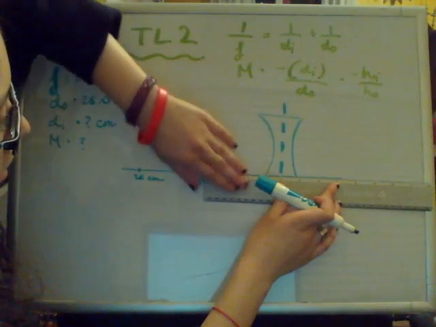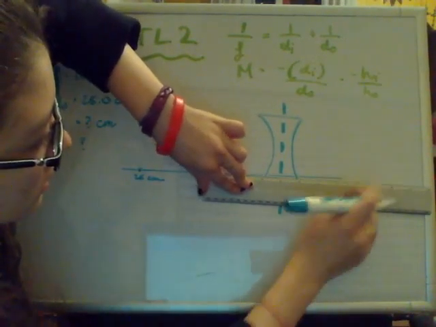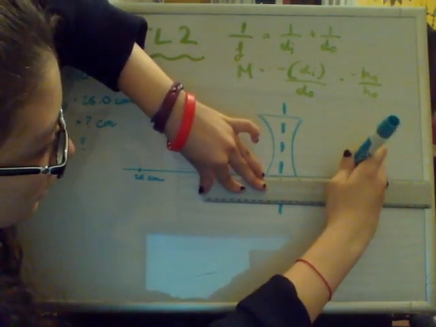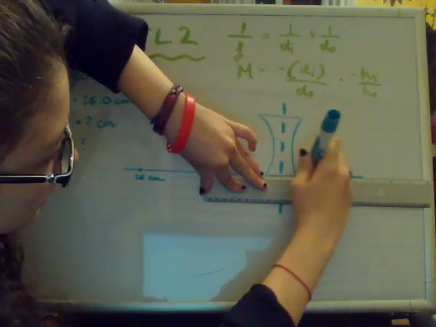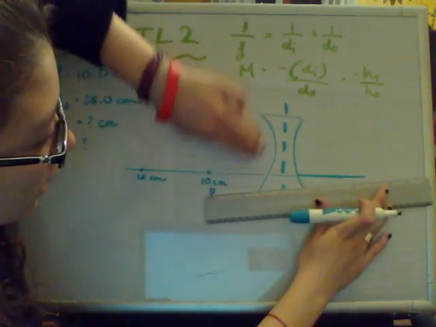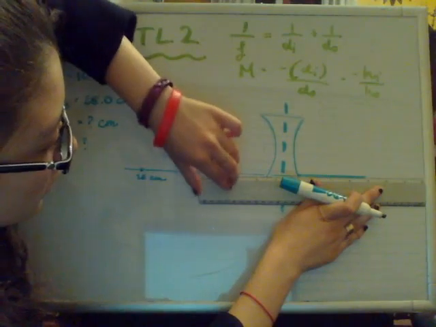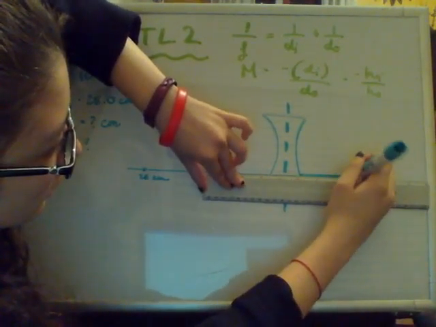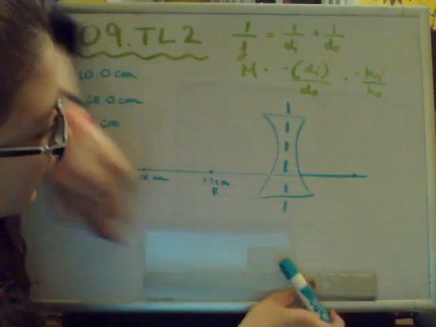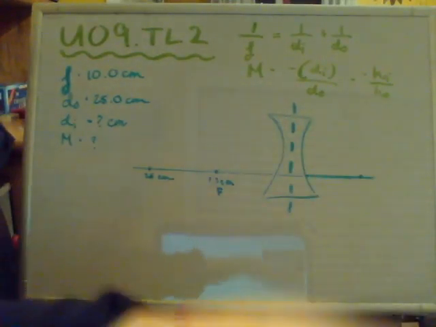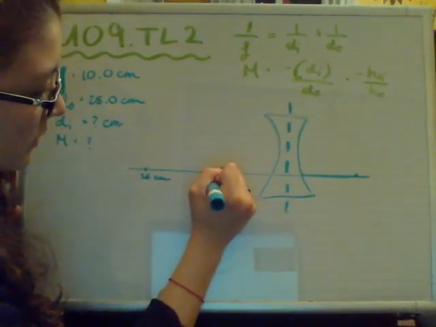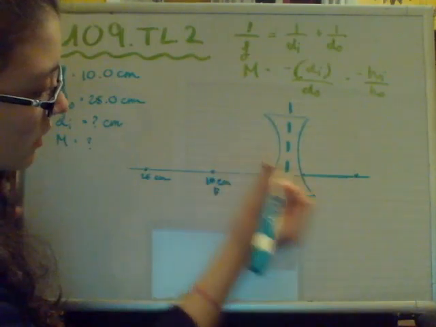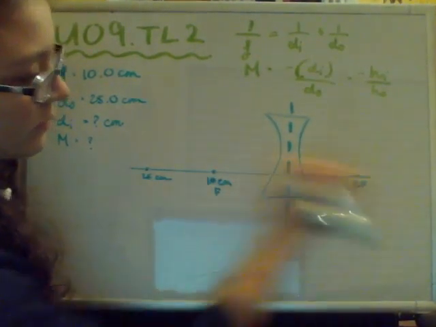So it's going to be over here. And that's going to be our 2f. Oh, wait, let me fix that. Okay, so that's 10 centimeters. This is going to be our 2f.